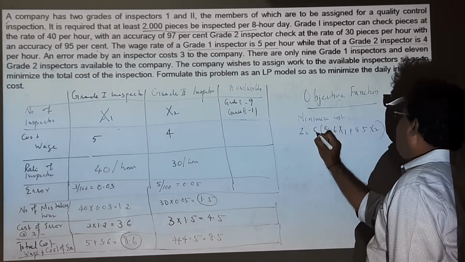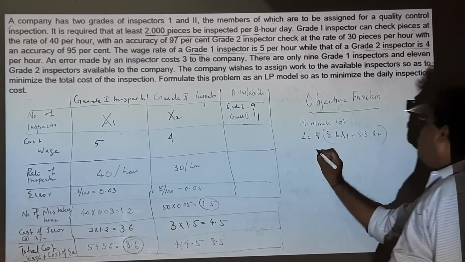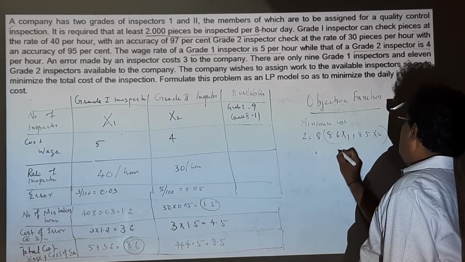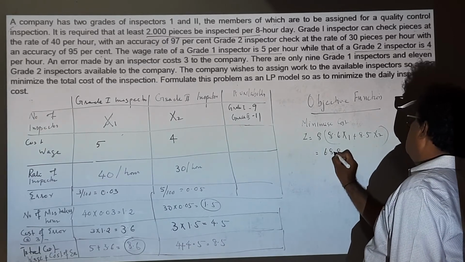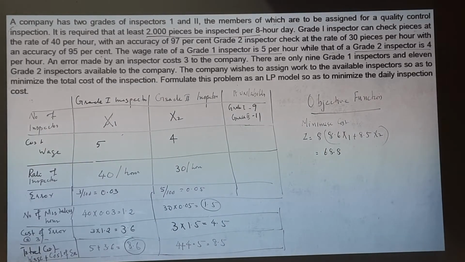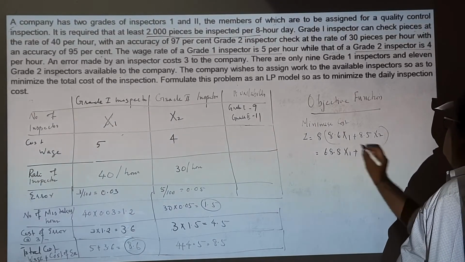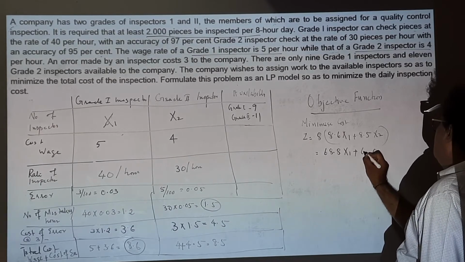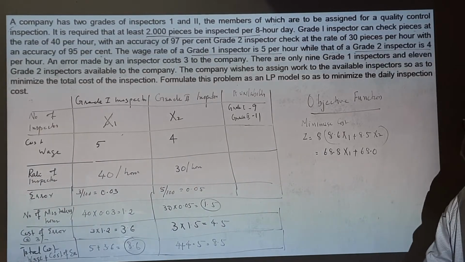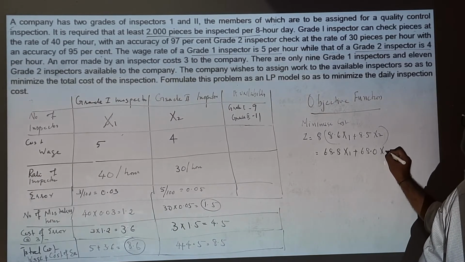Now this is per hour, so we have to multiply it by 8 hours. So it will become 68.8 x1 plus 68 x2.